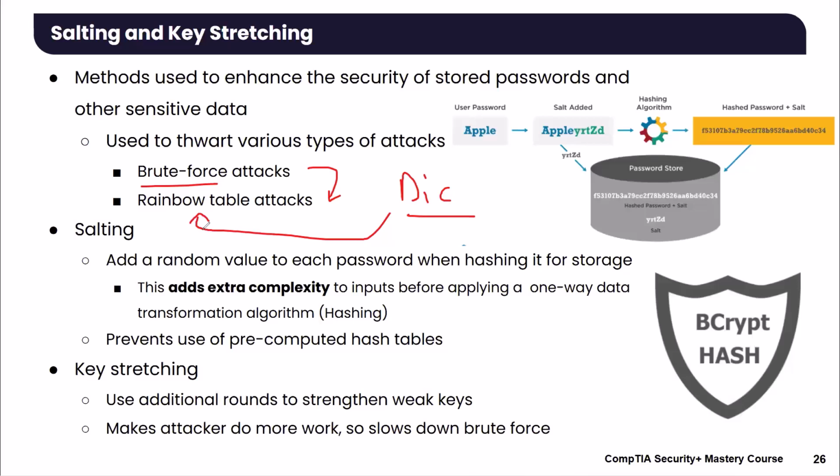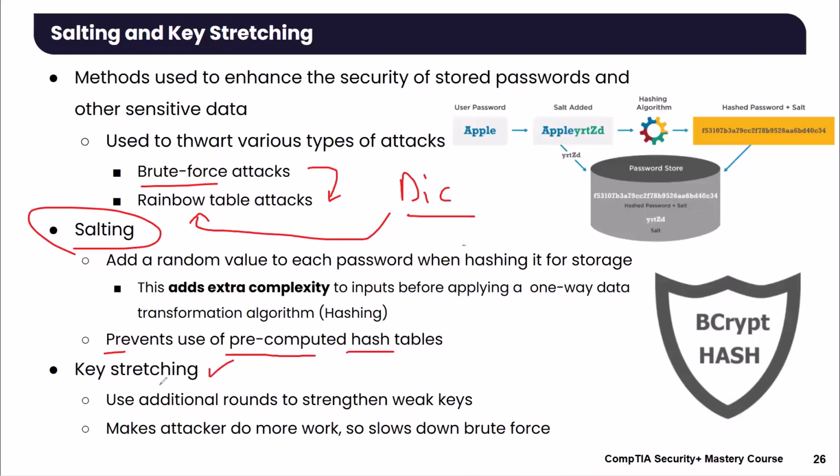Easy stuff to do, as I just showed you on CrackStation. What's the solution? Salting. Add a salt so we can make that hash completely random, so we can prevent pre-computed hash tables, rainbow tables.